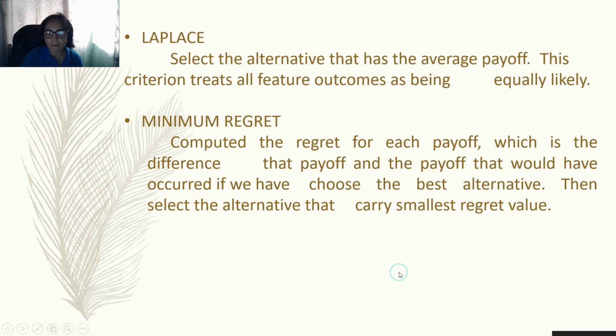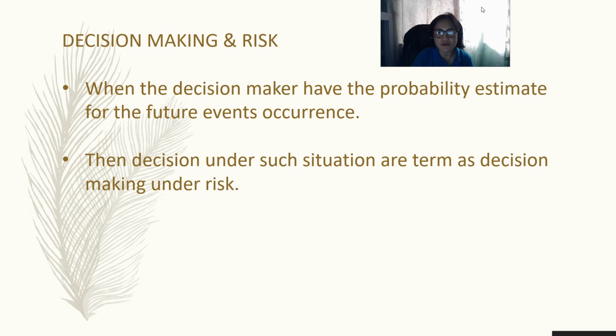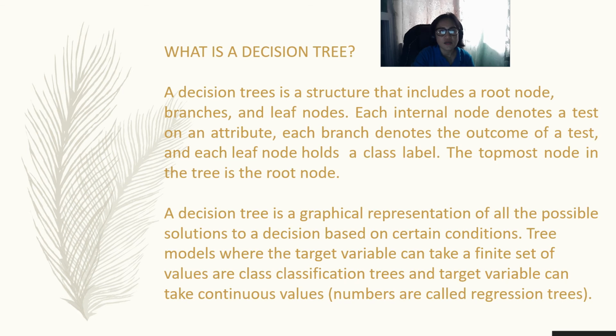And we also have decision making under risk. When the decision maker has the probability estimate for the future events' occurrence, decisions under such situations are termed decision making under risk. And then we also have, what is a decision tree? This is more about constructing a decision tree already.